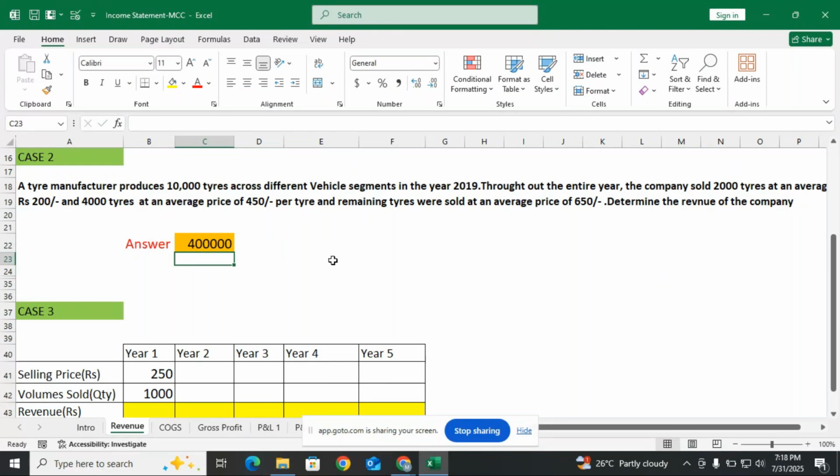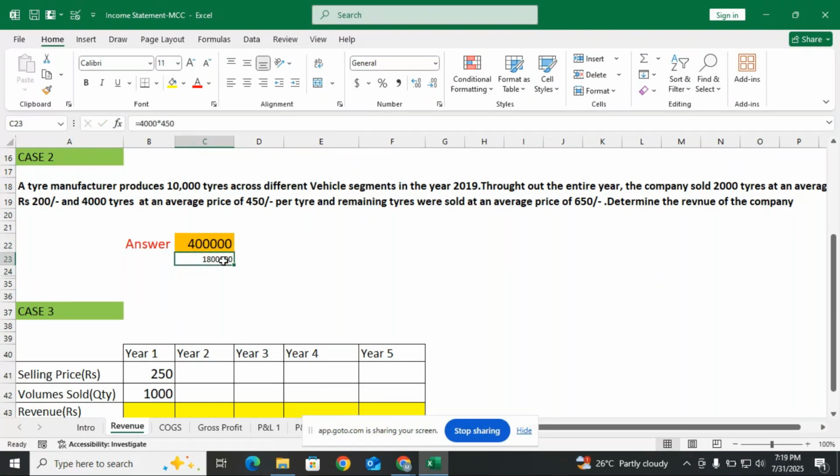Again, 4,000 tires are sold at a price of 450. So it was around 1 lakh. 4,000 tires are sold at an average price of 450 per tire. So it has to be around, yes, this is the amount.